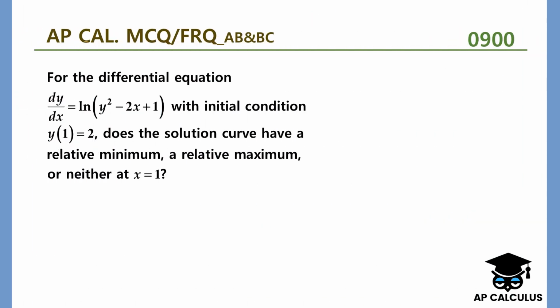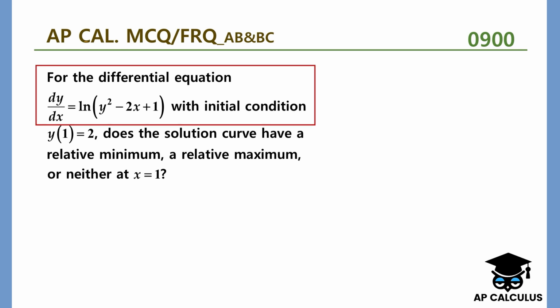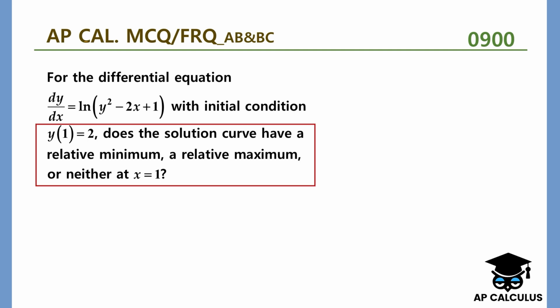Question 900. For the differential equation dy over dx is equal to natural log of y squared minus 2x plus 1, with the initial condition y of 1 is equal to 2, does the solution curve have a relative minimum or a relative maximum or neither at x equal 1?